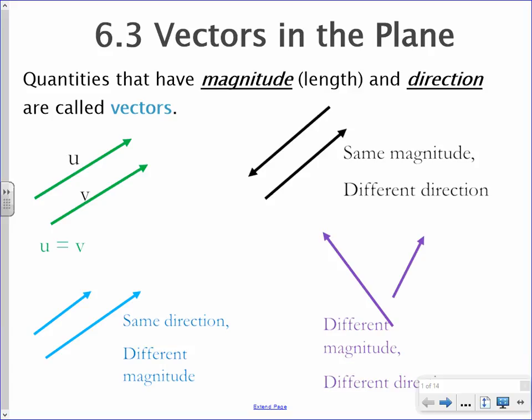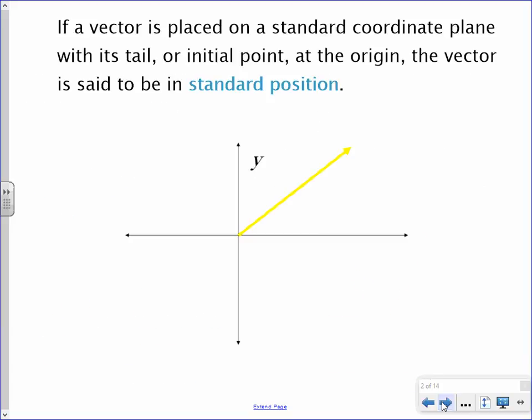Okay. So a vector, we're obviously going to draw an arrow for. When we are in standard position, that means our vector is coming from the origin. We say that its initial point or its tail is at the origin.